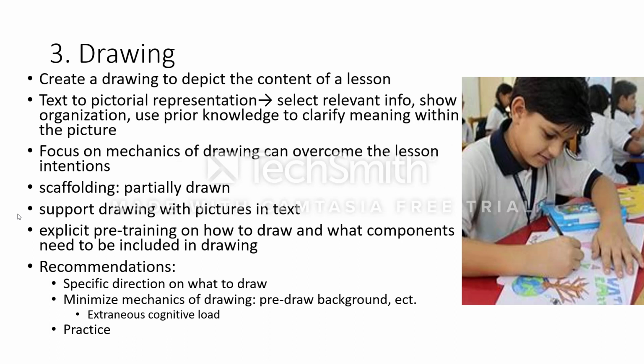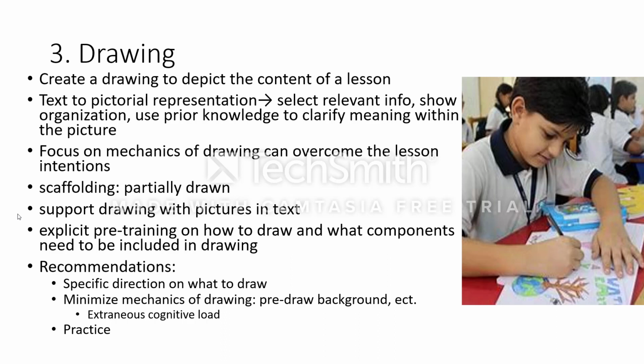The third is drawing. Creating a drawing to depict the content of a lesson. Taking a text into a pictorial representation requires students to select relevant information, show organization, and use prior knowledge to clarify meaning within the picture. However, when they're creating this drawing, there can be a lot of focus on the mechanics of drawing, and it can overcome the lesson's intentions.